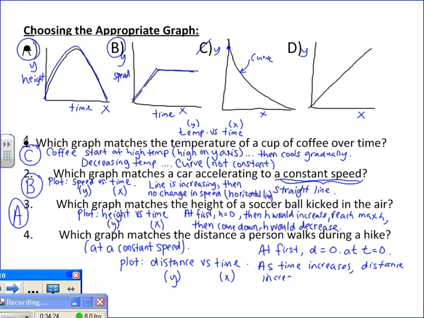So I'm looking for an increasing graph, and if it's at a constant speed, in other words, distance is changing at a constant speed with time, then I would expect to have a straight line. So a straight line going in the positive direction. And that would leave me with D. Graph D represents a person hiking, moving further and further away over time at a constant rate of change. So graph D matches number 4.